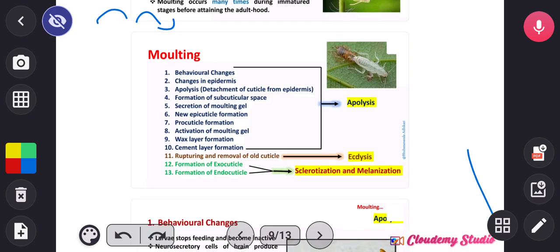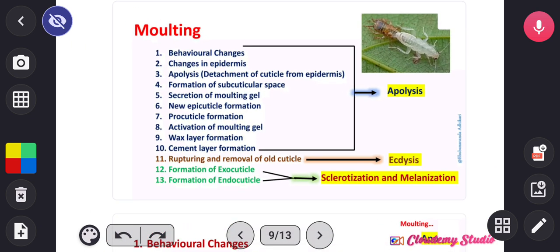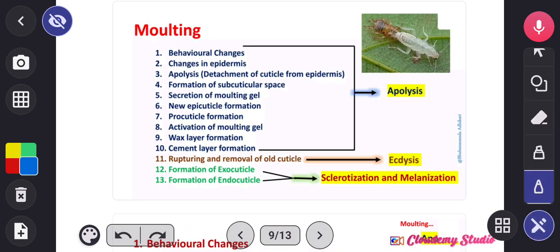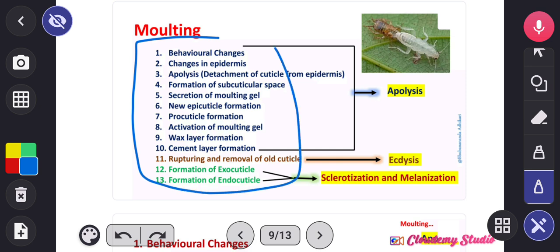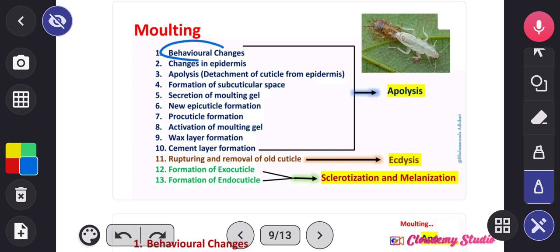Now, let us have an outline here. This is the outline. We have the behavioral changes, the changes in the epidermis, apolysis, which is the detachment of the cuticle from the epidermis. That is the third thing. Now, the fourth thing is formation of subcuticular space. The fifth thing is secretion of molting gel.